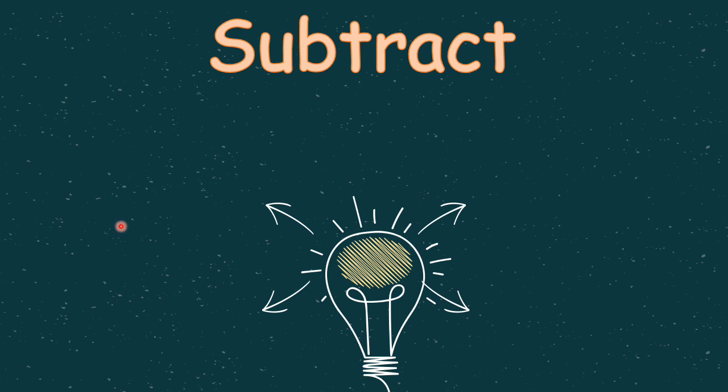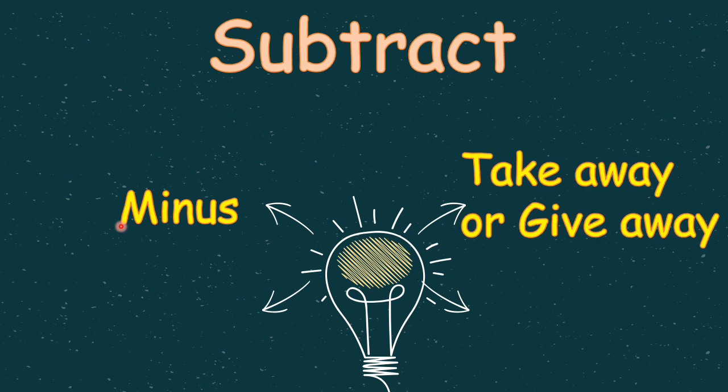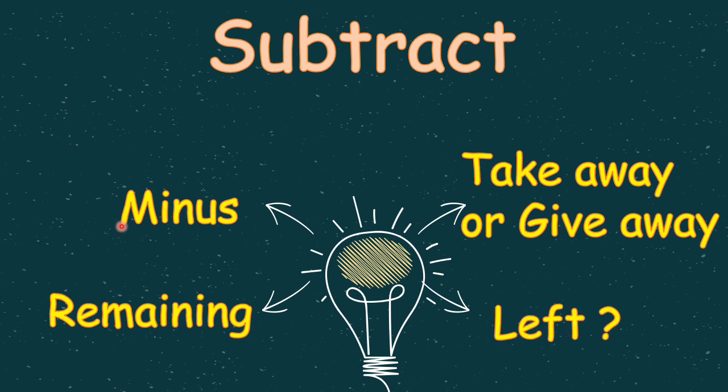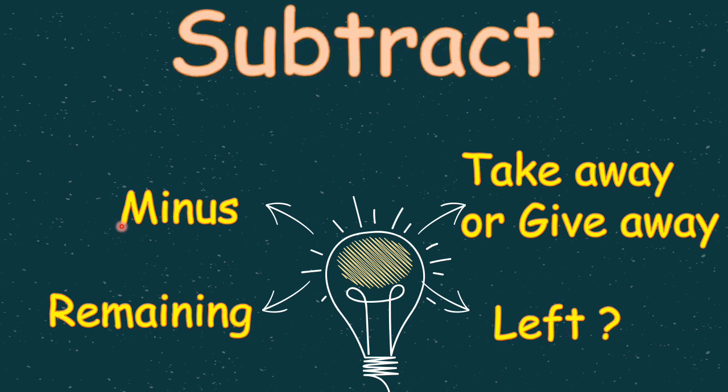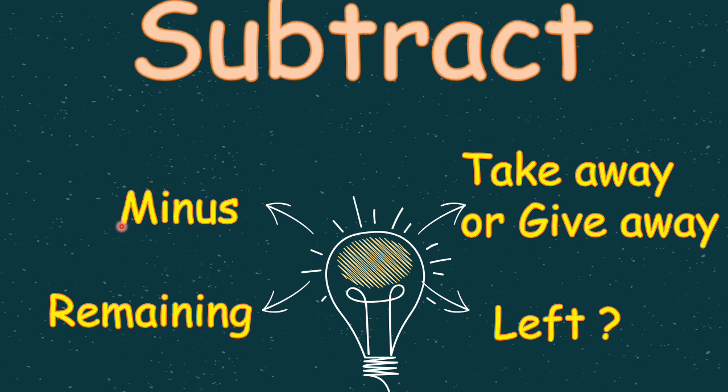So, children, remember, when you hear the word minus, take away or give away, or if you hear somebody says what is remaining or what is left over, then we are subtracting. And this is the symbol of subtraction. This is also called a subtraction symbol or minus. Okay?